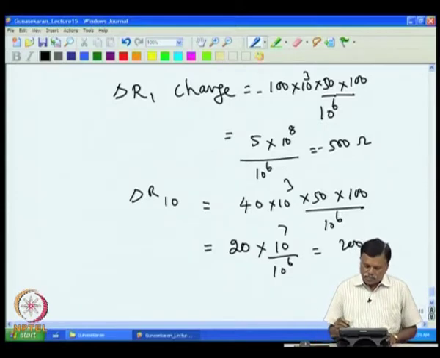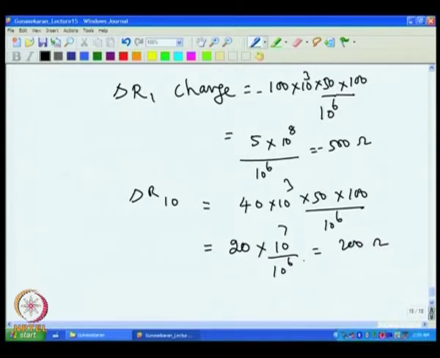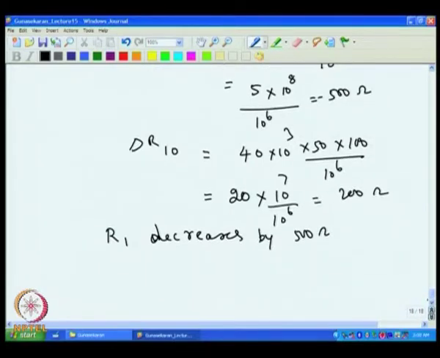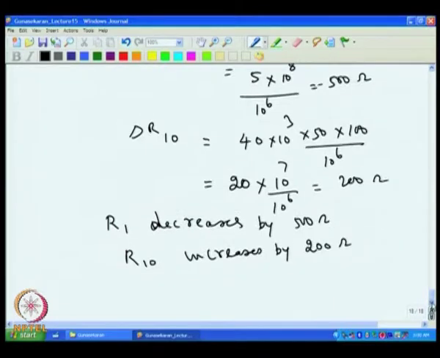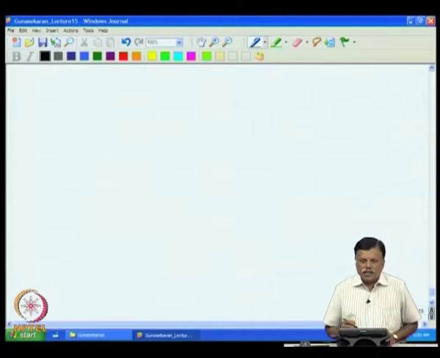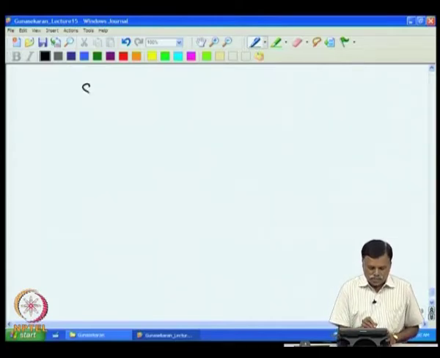That is the expected change in resistance. In a nutshell, R1 will decrease by 500 ohms, and R10 increases by 200 ohms. So, if that is the case, what is the regulated voltage change?